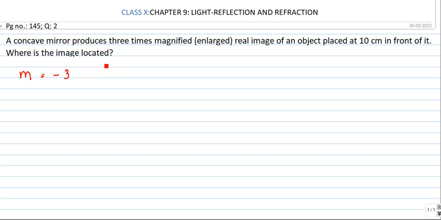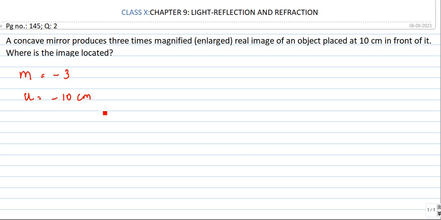Why is it minus? Because it is a real image. When the image is real, magnification is negative. That's what we have seen for the sign convention. And the object is placed at 10 centimeter in front of the mirror, meaning your u is equal to minus 10 centimeter.